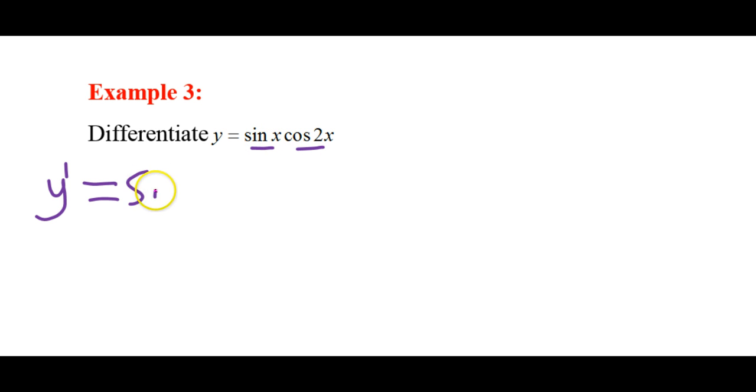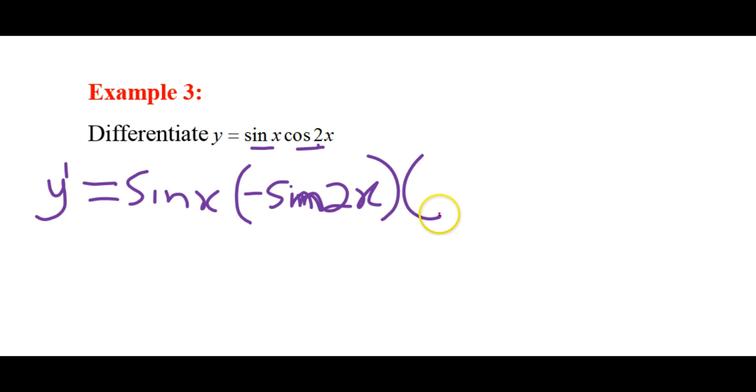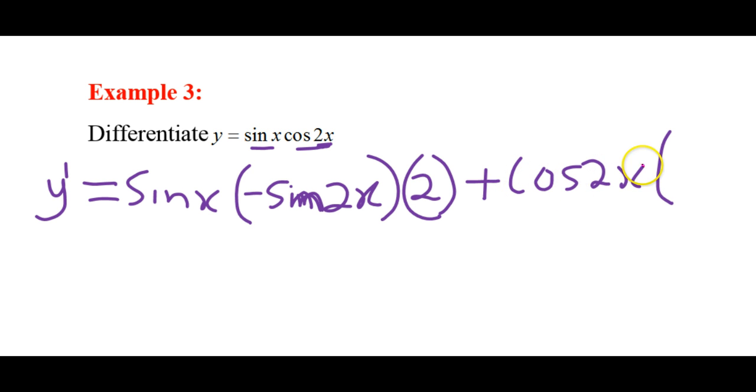And so we hold the first one, we hold the sine x, then we differentiate cos 2x. And remember, cos 2x is a function of a function. It's cos as a general function and then 2x as another function. And so when I differentiate cos 2x, it will be negative sine 2x. Then I differentiate 2x separately, which will give me 2. Plus, this time I'm going to hold cos 2x and differentiate sine x, which will be cos x.